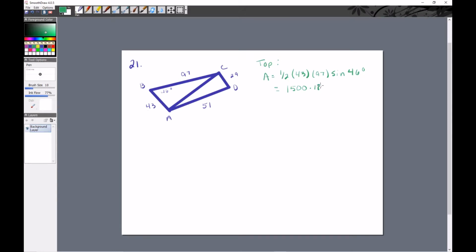Now the rounding is to the nearest hundred, so we're going to lose that little piece of detail. But this is done. We don't need to figure that area out.